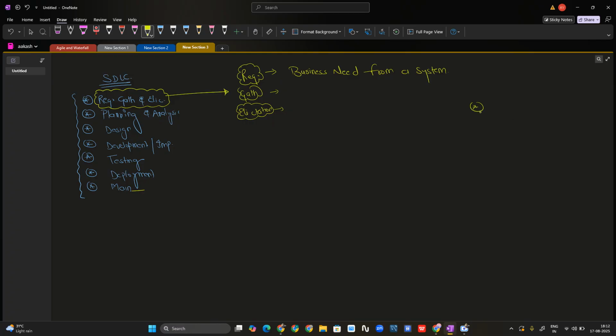The very first requirement is business requirement. The second is stakeholder requirements. The third is functional requirement.